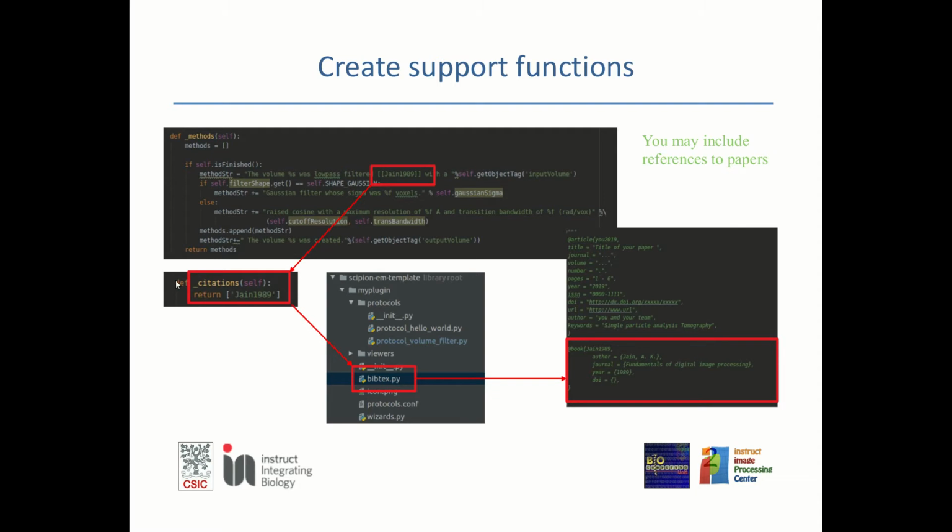You need another support function that is the citations, and then in these citations you have to give a BibTeX index or a BibTeX key, and in your plugin you will have a BibTeX file, and this BibTeX file is a collection, is a big string mainly, where you have all the keys, and you can use relatively standard BibTeX syntax.